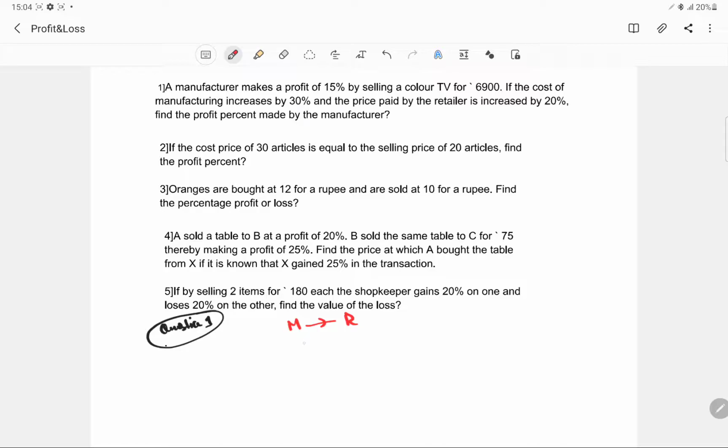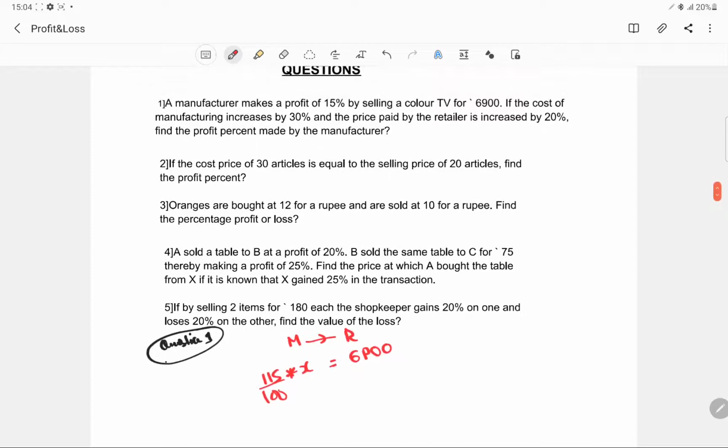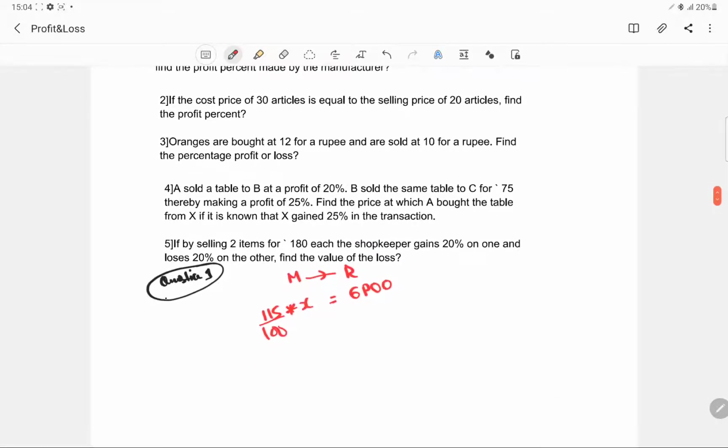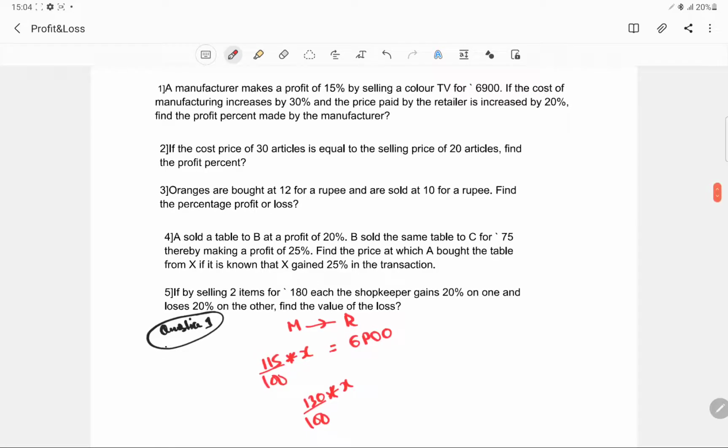So the cost price for the manufacturer. A manufacturer makes a profit of 15%. So the selling price for the manufacturer was 115%, as he ended up making a profit, and this was the cost price, x. Now, if the cost of manufacturing increases by 30%, this becomes 130% of this, 130 upon 100 into x.